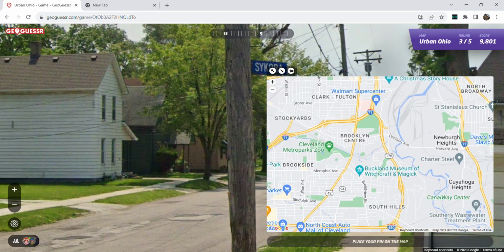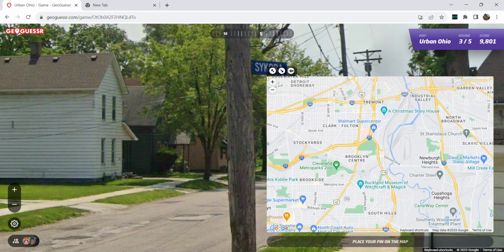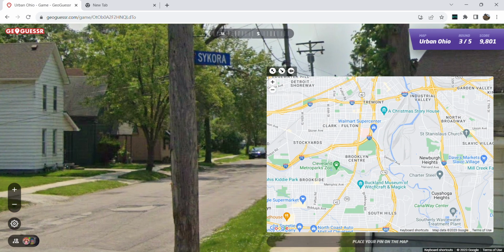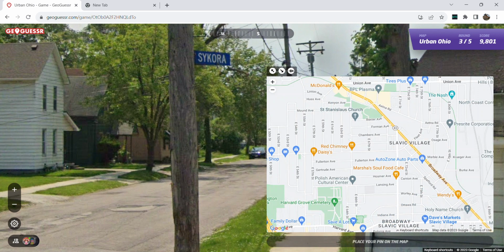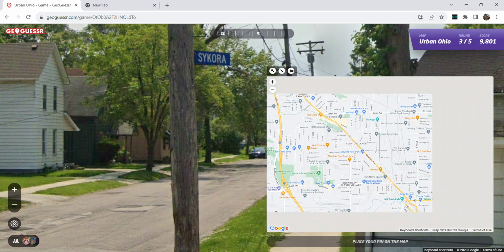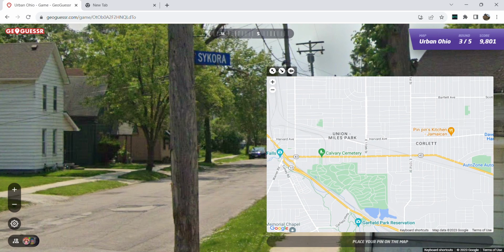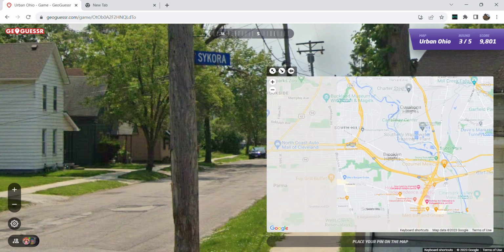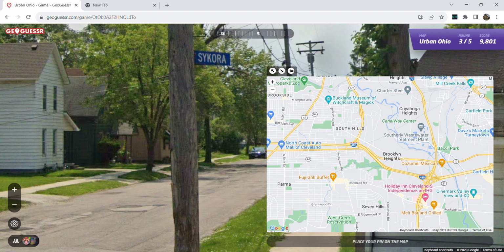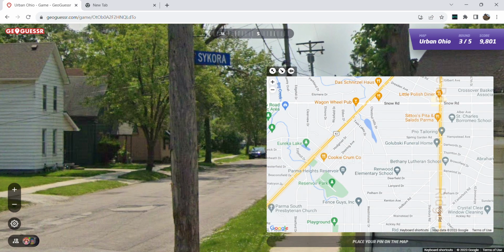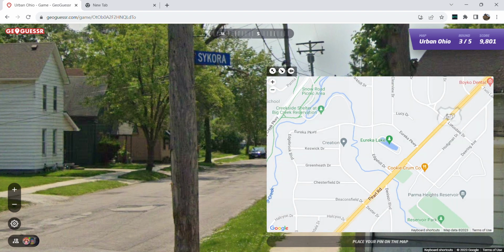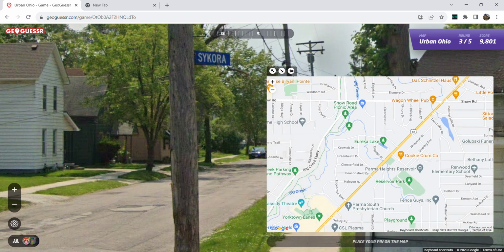Don't think that necessarily looks like a Cleveland sign. Sycora. For some reason I'm thinking like Southside Cleveland. Southwest. Again, I'm not 100% sure that we're in City of Cleveland, because even though these street signs are blue, they're just not reminding me of Cleveland, I don't think.